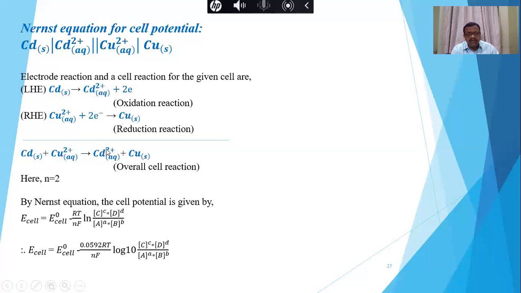The number of electrons is equal to 2 for the given cell reaction.